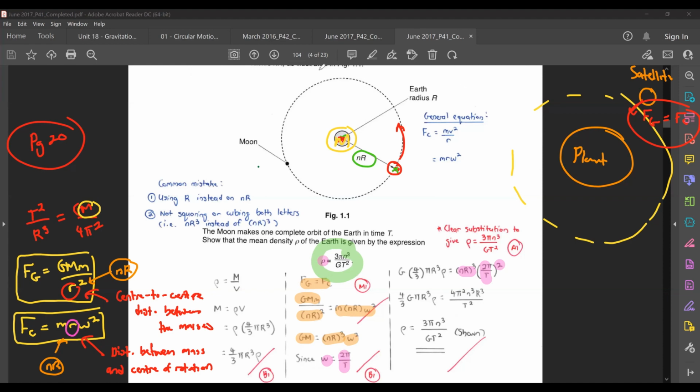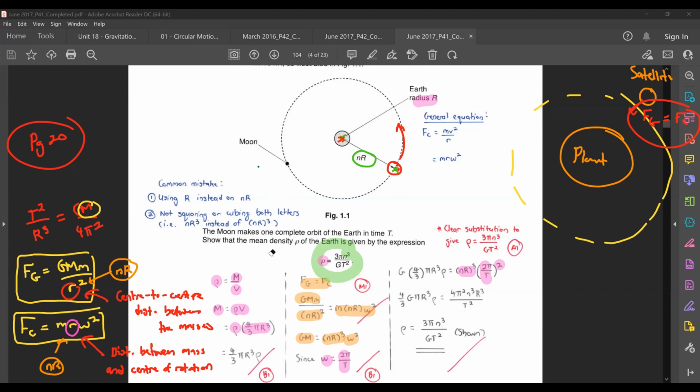The easiest thing to relate to is density is mass per unit volume, where mass is density times volume. And since this is a sphere, it's going to be 4/3 pi r cubed. They already told you that the radius of the Earth is R, so you can just use 4/3 pi R cubed. There's no need to multiply with n or whatever.